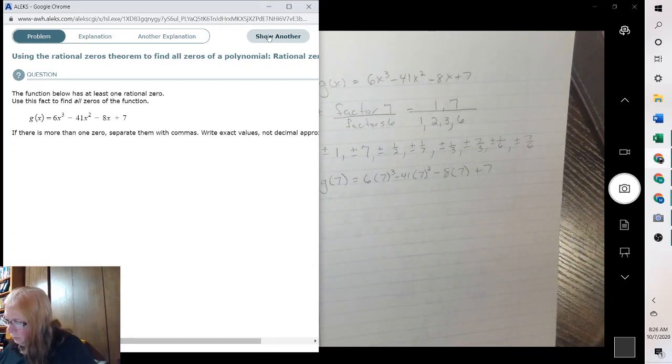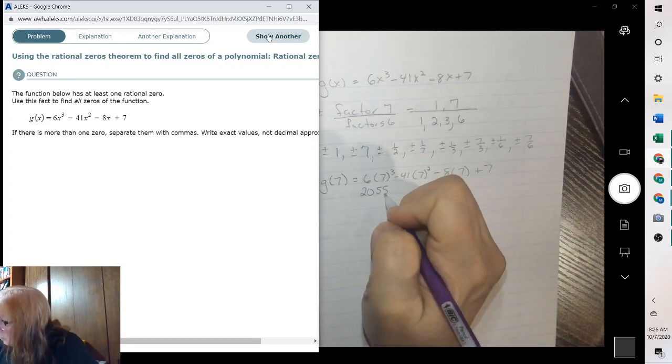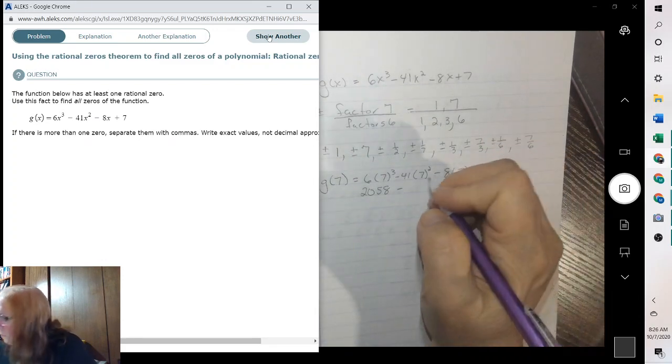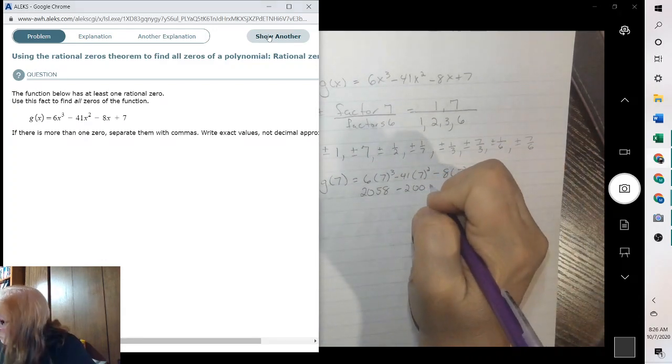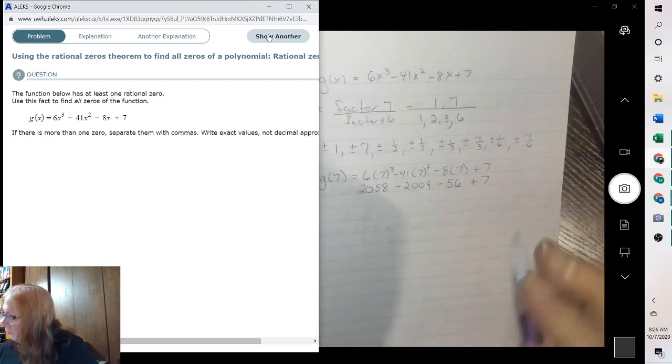That's 6 times 7 cubed, minus 41 times 7 squared, minus 56 plus 7.